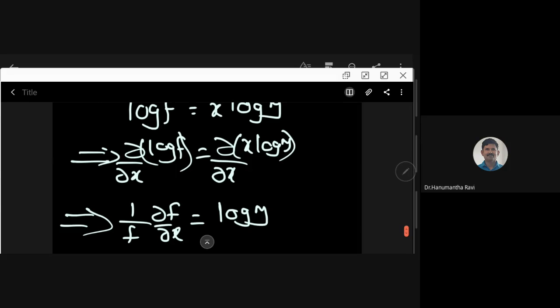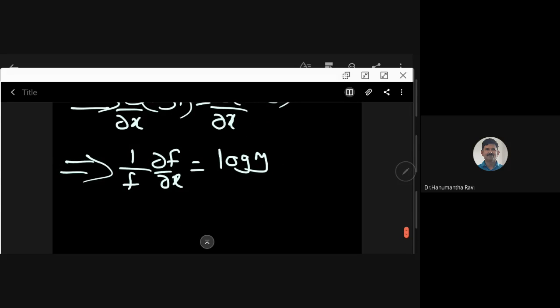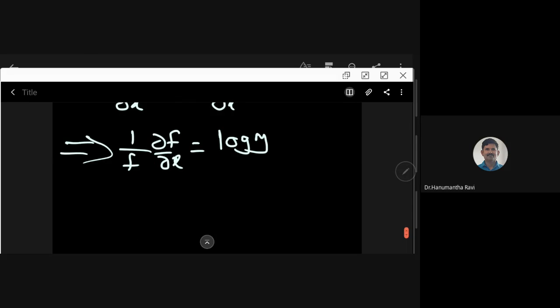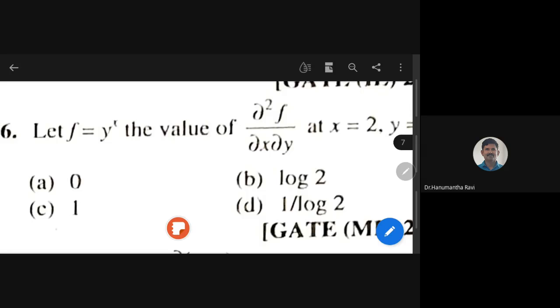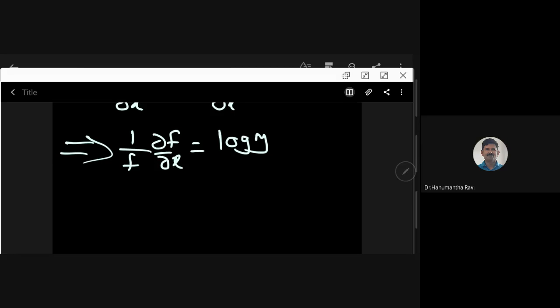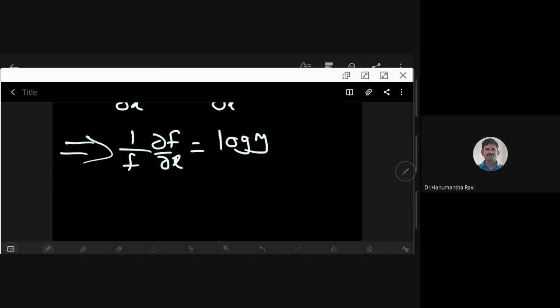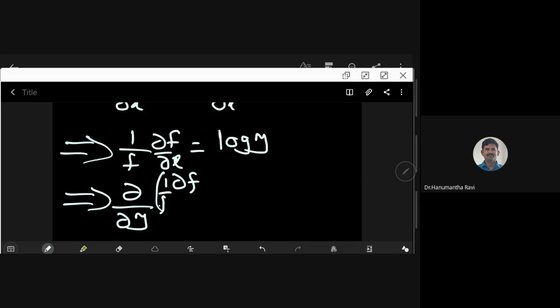Now we want dou square f by dou x dou y. That is the thing we are looking at. So we'll do one thing here. You just apply dou by dou y of 1 by f dou f by dou x, then dou by dou y of log y.